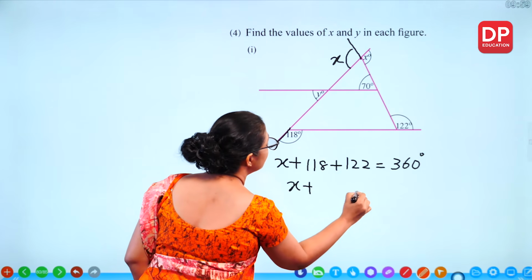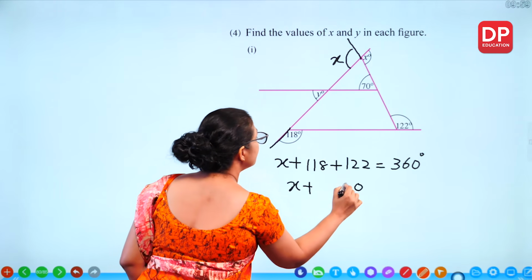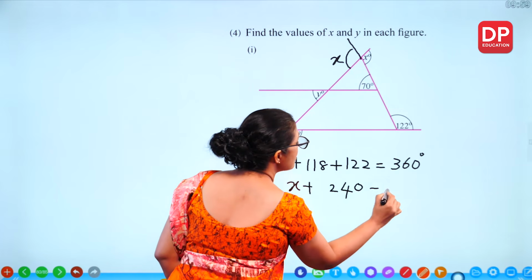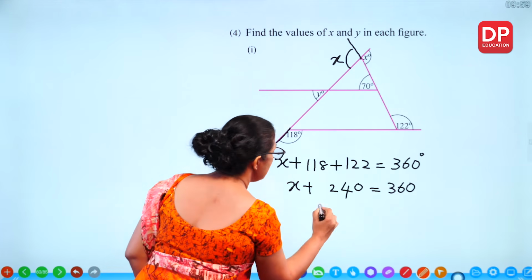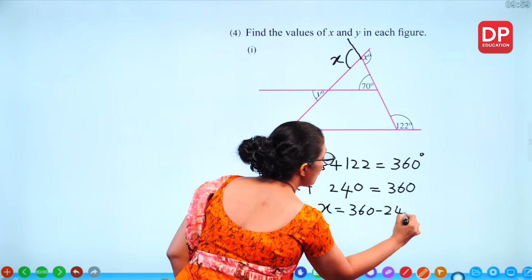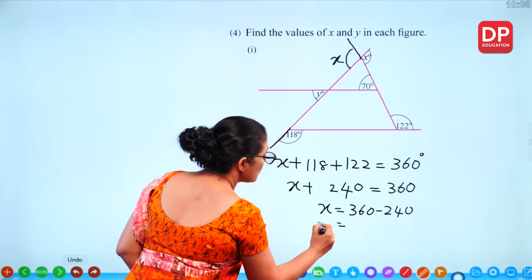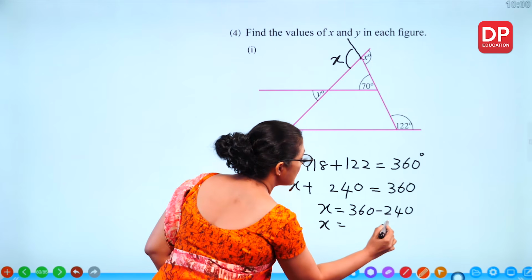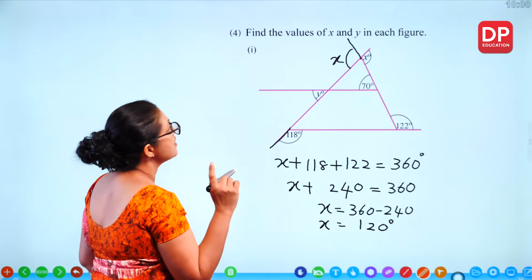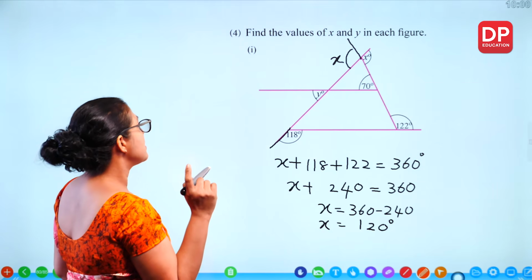X plus 240 is 360. So what's X? 360 minus 240. So X equals 120 degrees. So X is 120.